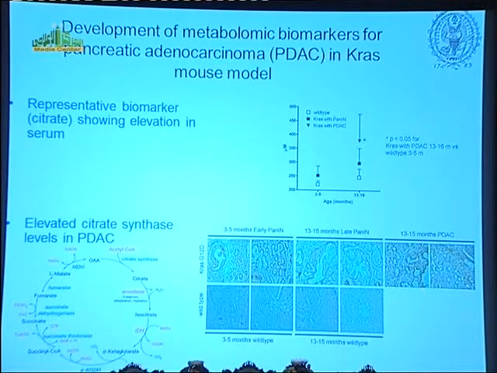The interesting finding was that when Joe LeConte and Anton Wellstein's lab went back and screened for citrate synthase in the actual tumor, the tumors also showed an increased citrate. What he found by immunohistochemistry is staining in the tumor but not in the normal tissue. So we're able to work back and look at the particular enzyme responsible for this, which is upregulated in the tissue. Citrate is probably not the ideal metabolite, but it does show a proof of principle that we can work back from the small molecule to the enzyme.